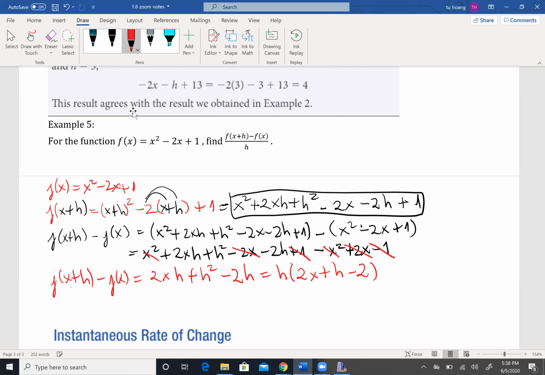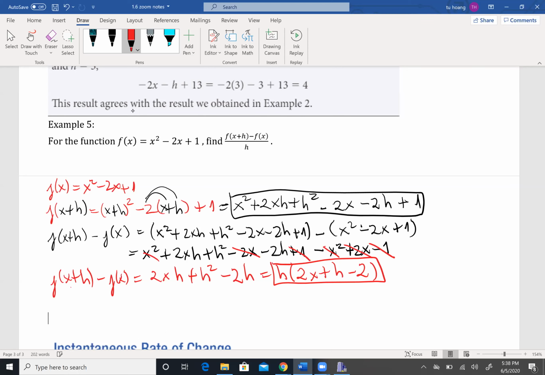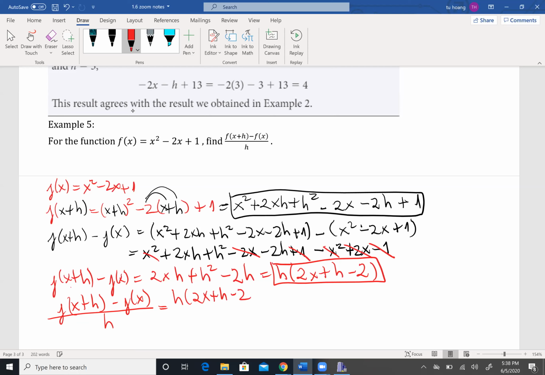Okay, and I'm going to circle this. Now I will plug in everything. [f(x + h) - f(x)] over h will be equal to h(2x + h - 2) over h.